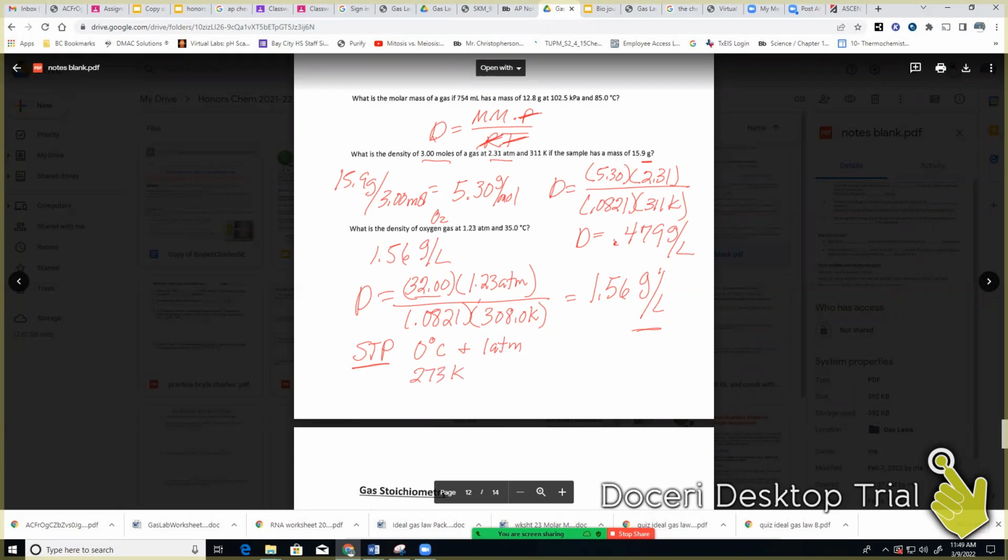And if you didn't want your pressure in atmospheres, you could go down to all those conversions for your pressure. So it could be equal to like 760 millimeters of mercury or torr. Okay. So that was a common mistake I've been seeing on some of the quizzes. Anybody have any questions on that?